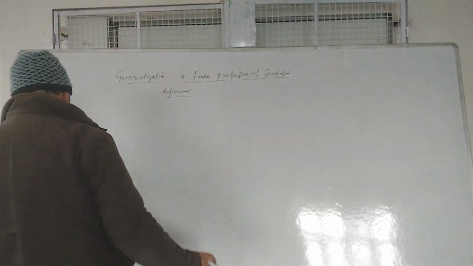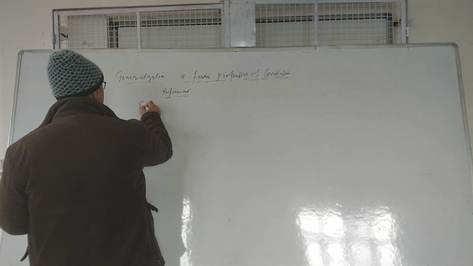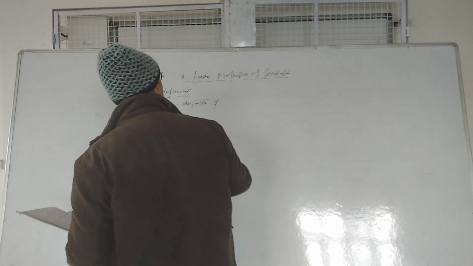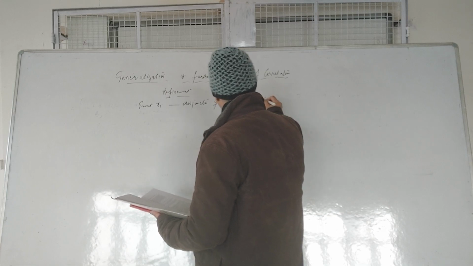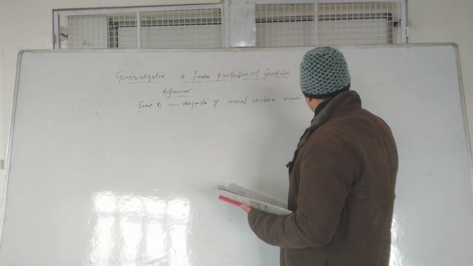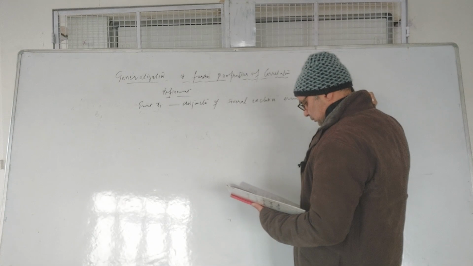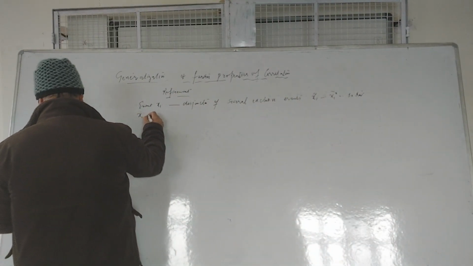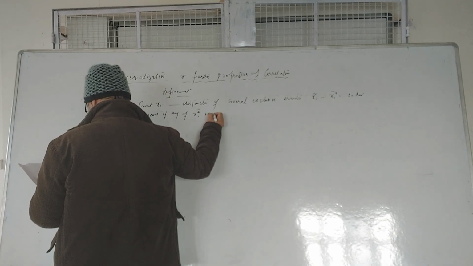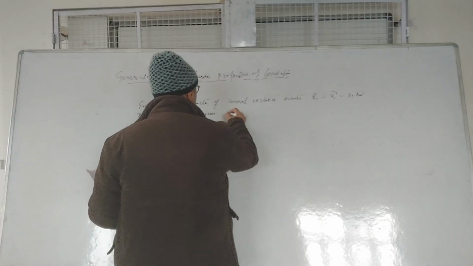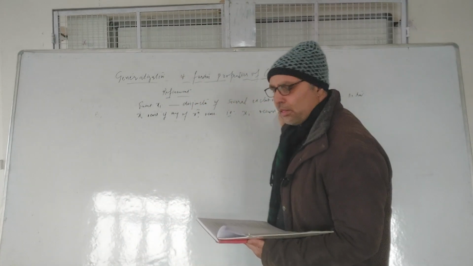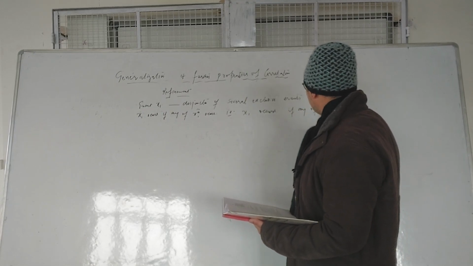So we can say that an event xi, which is a disjunction of several exclusive events, occurs if any of the xμ occurs.